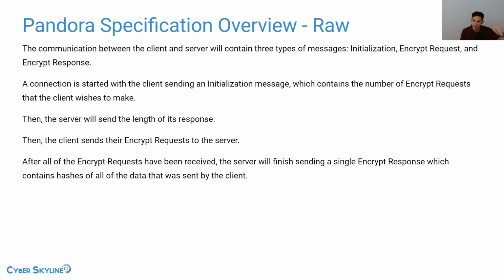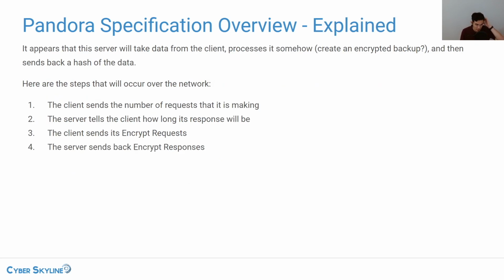But it sounds like there's multiple components to this communication, and you can break this down even further and make it a little bit simpler here. It's 4 stages. The first stage is that the client will tell the server how many requests it's making. And then after that happens, the server will say, okay, based on what you told me, I'm telling you now how long my response is going to be, right?